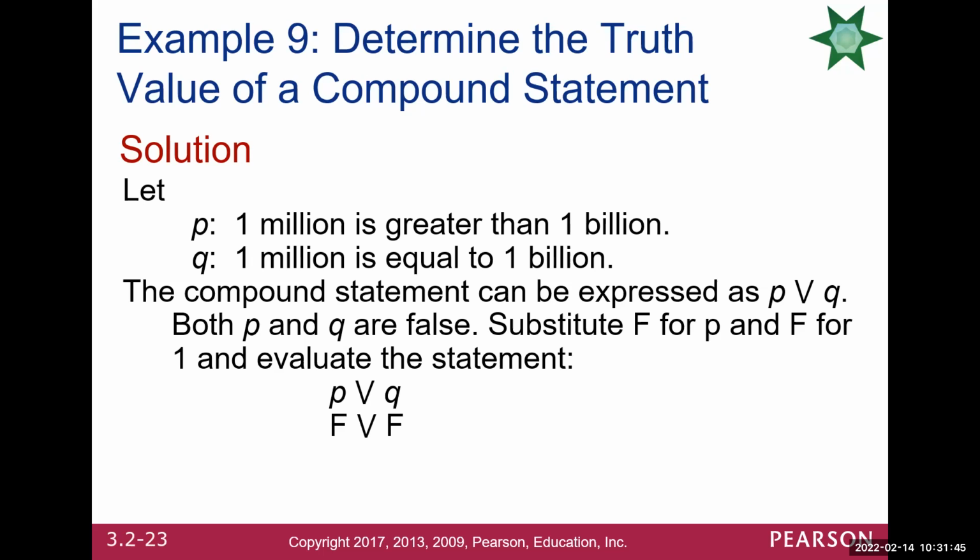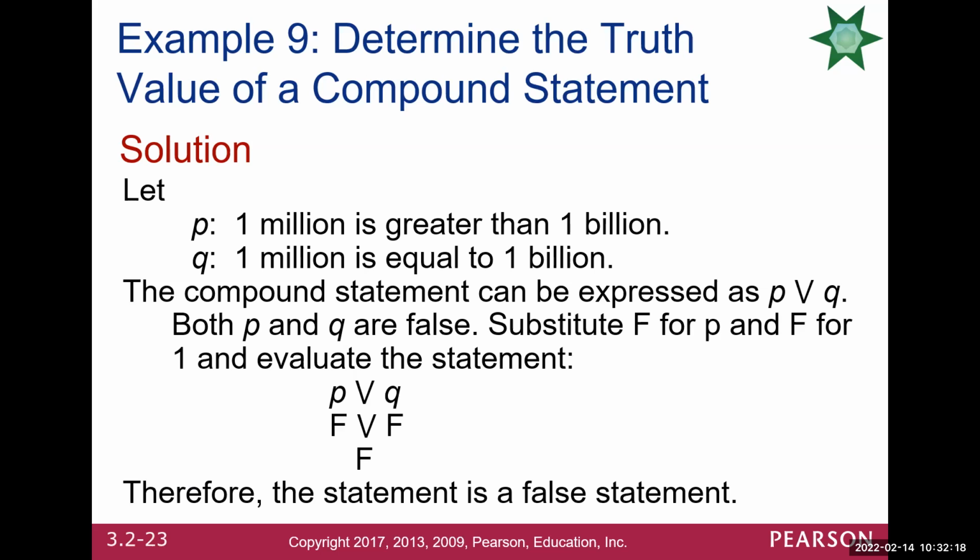And we know for a fact that the only time we get false as an outcome with the disjunction is when they are both false. Because look right here, wouldn't I be asking myself, is this or this true? No, neither of them are true. Therefore, the outcome is false. These are supposed to be an easier way of looking at truth tables, but they can be confusing. Okay. So don't beat yourself up if they don't make any sense right now. Okay. But ultimately, what we could say was that the statement was false.